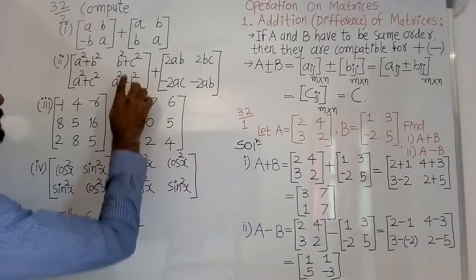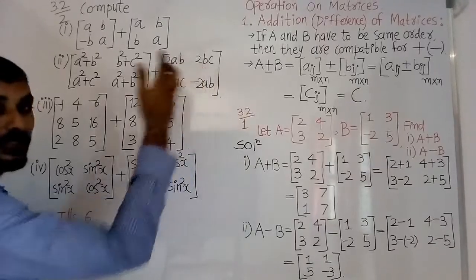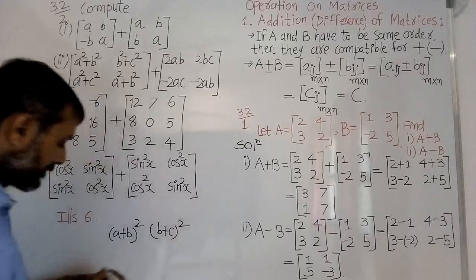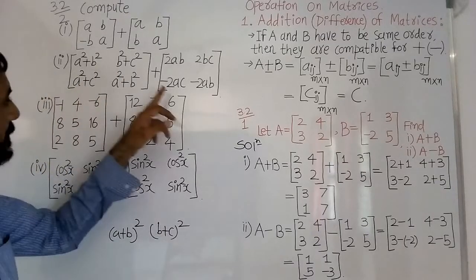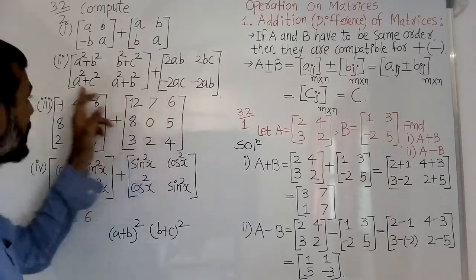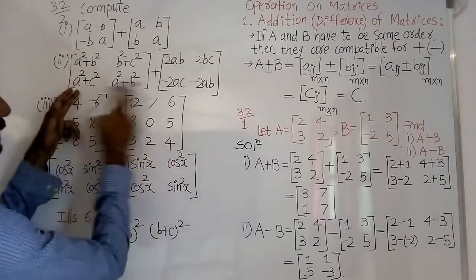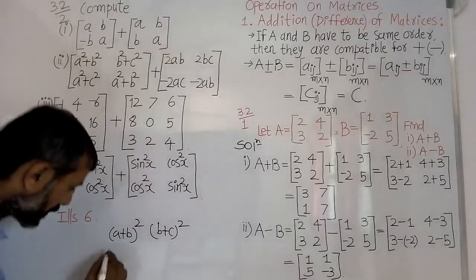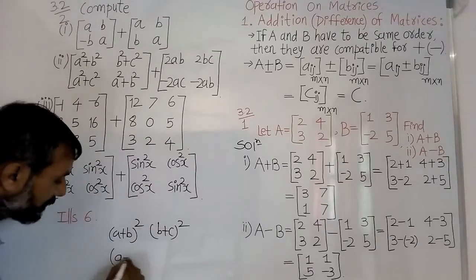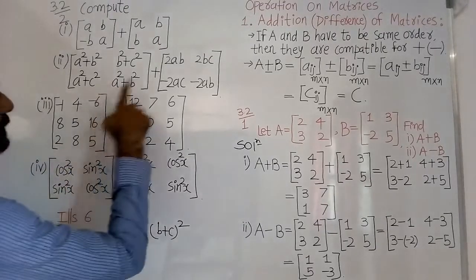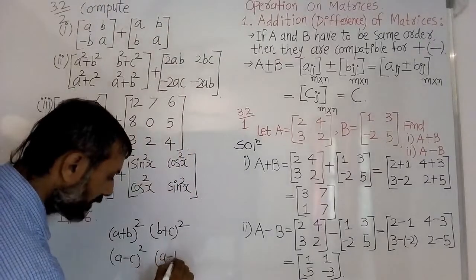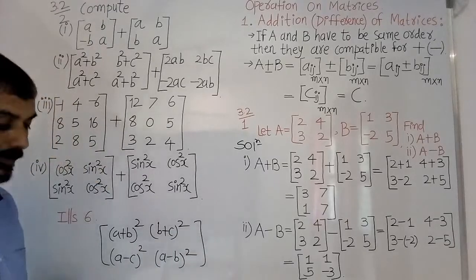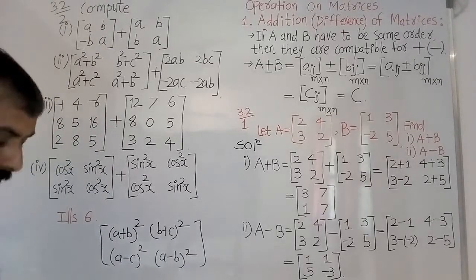Correct. B square plus C square plus 2BC is the same, B plus C whole square. Yes. A square plus C square minus 2AC, because we are adding corresponding elements and this is minus, so the middle sign will be minus. And A square plus B square minus 2AB gives A minus B whole square. This is the answer of the second example.